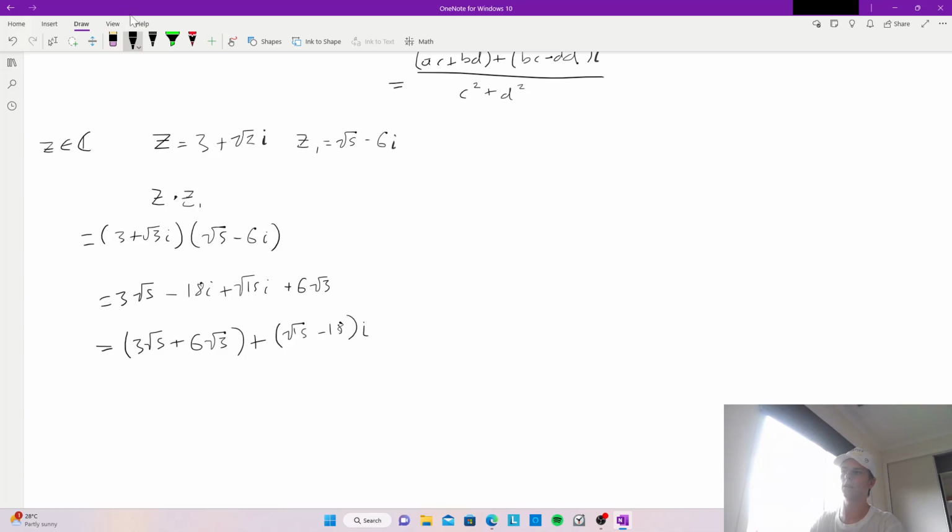Now we'll just do a quick division of this one, which hopefully shouldn't take too long either. We'll have z over z1, 3 plus square root 2i over square root 5 minus 6i.